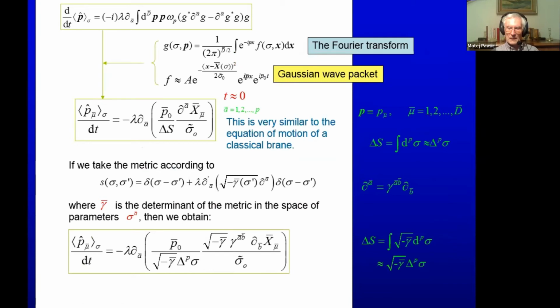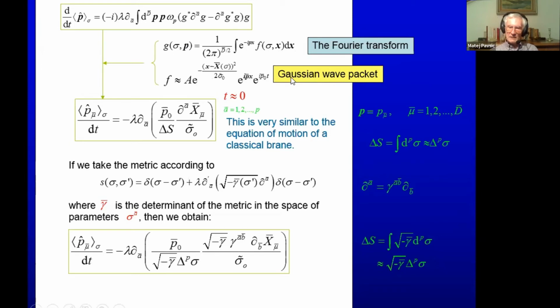Now, let us Fourier transform this wave packet profile, where f is the Fourier transform of this wave packet profile in coordinate space, and by taking for the wave packet profile this Gaussian-like wave packet.